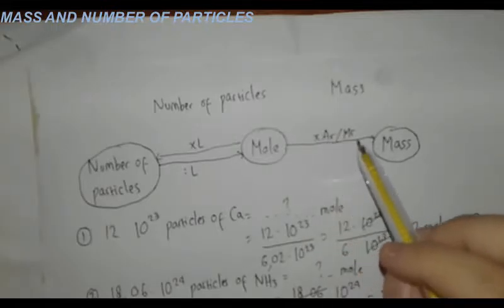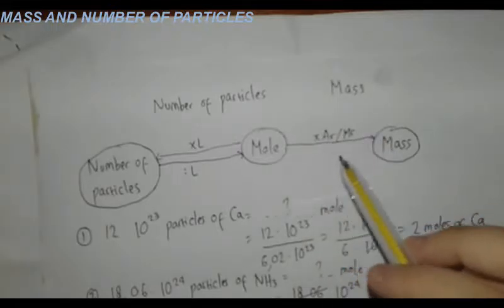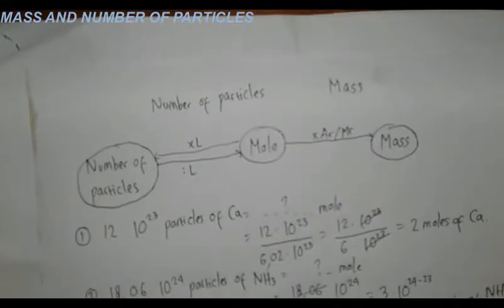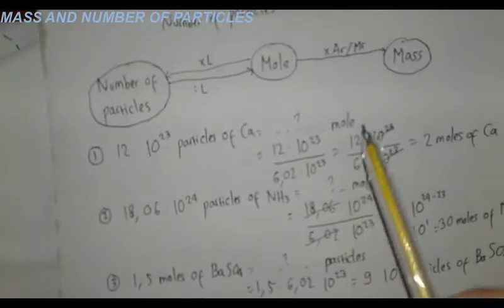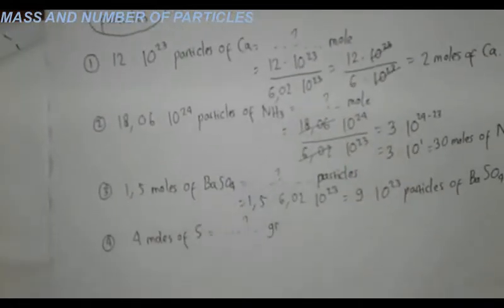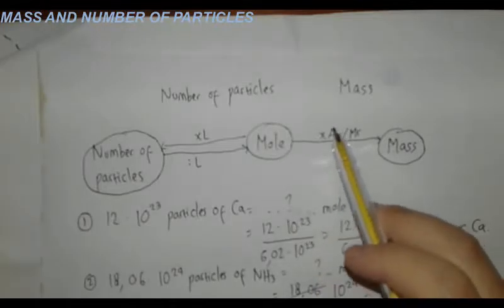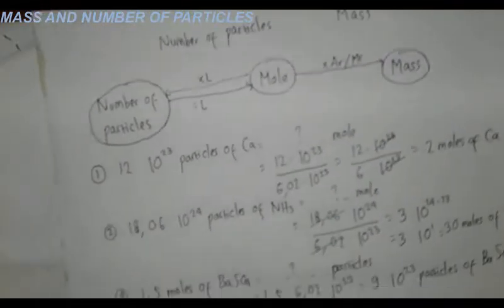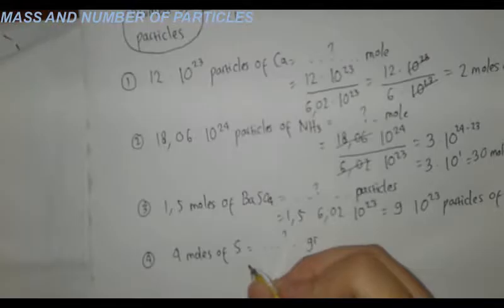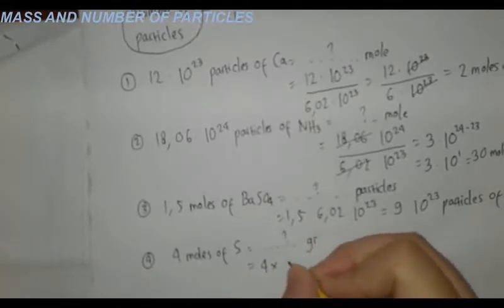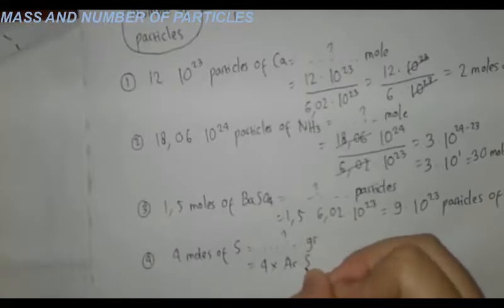Ar is for atom and Mr is for molecule. In this question, sulfur is an atom, right? So if sulfur is an atom, then we multiply the mole by the atomic relative mass of sulfur. So we write 4 multiplied by the atomic relative mass of sulfur.